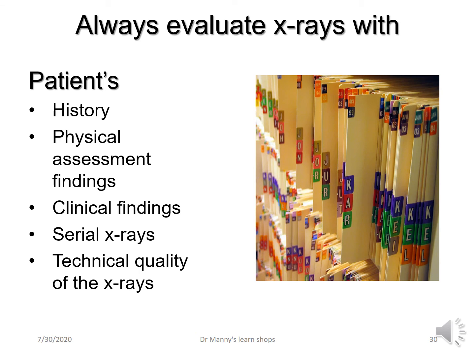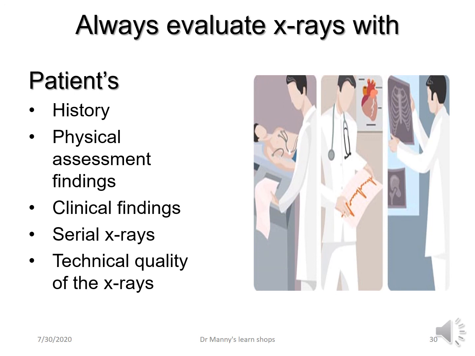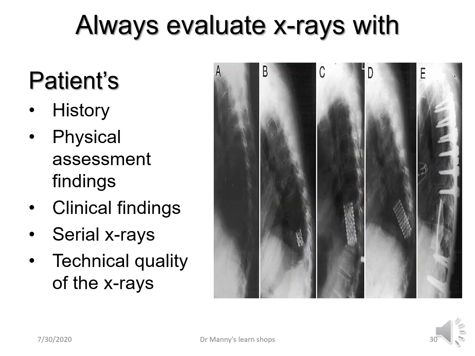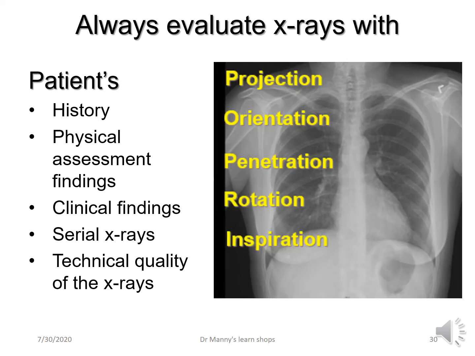Again, always evaluate all X-rays, chest X-rays, with the patient's history, their physical assessment findings, their clinical findings, any serial X-rays that you might have to compare before and after or now, and remember the technical quality: projection, orientation, penetration, rotation and inspiration.